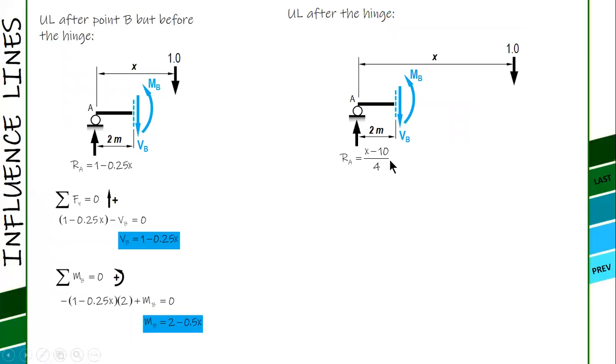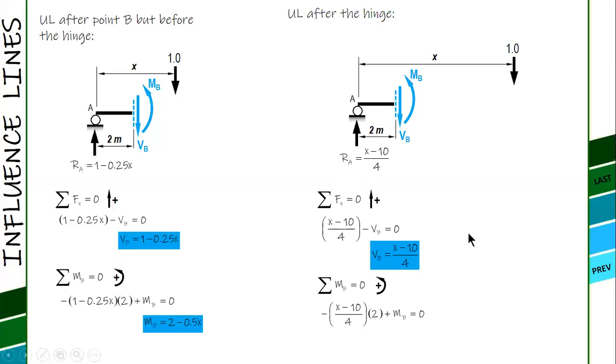So, use statics, solve for VB, and then for moment, MB. Okay, so the equations are complete, and we can now draw the influence line.